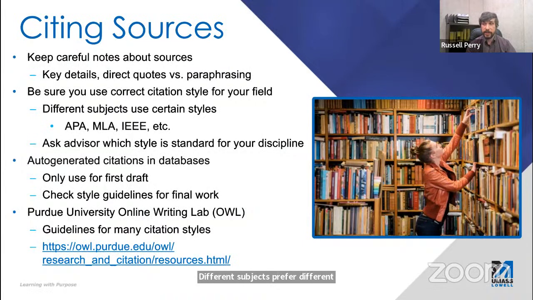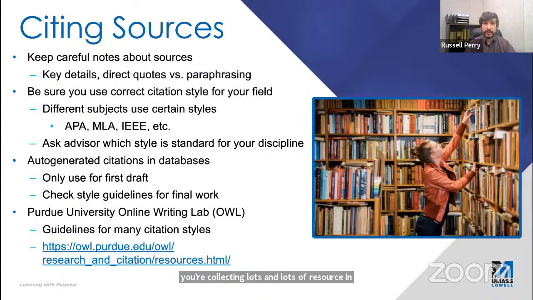So you may be familiar with things like APA style, MLA, IEEE, lots of different other ones. So it's important to check with your advisor to see which style is standard for your particular discipline or field of study. You might also have come across things like auto-generated citations in various databases or other resources. And these can be helpful for a first draft as you're collecting lots and lots of resources in one go.